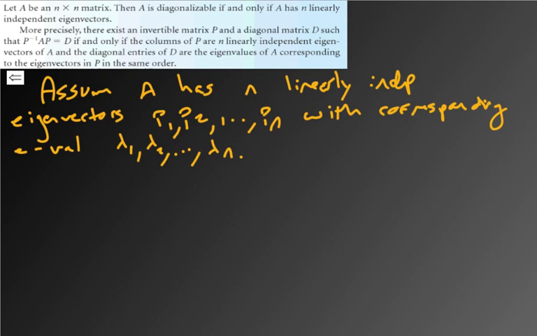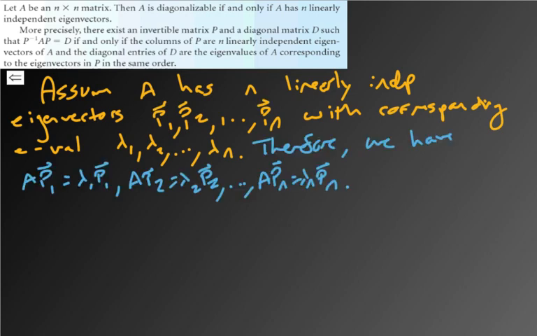If that's the case, then we're basically just working backwards, because we know the relations, these ones, and those are just what it means to be an eigenvalue and eigenvector setup.